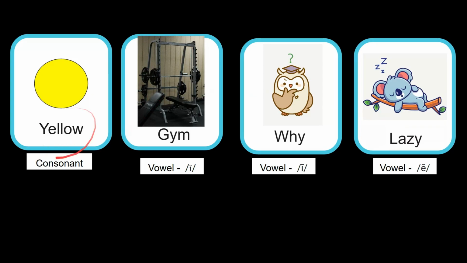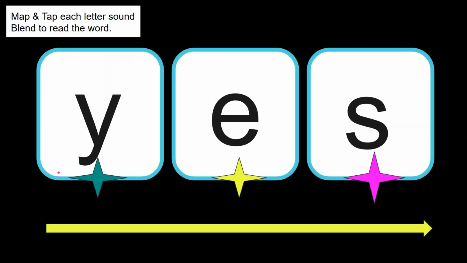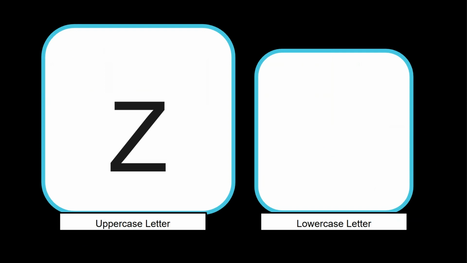So we have Y, I, and E. So you don't have to remember these by memorization. You can just understand, okay, there are certain rules that we're going to learn of why it changes its sound, but the main sound is going to be Y. So let's decode with that consonant sound. Y-e-s. Yes.